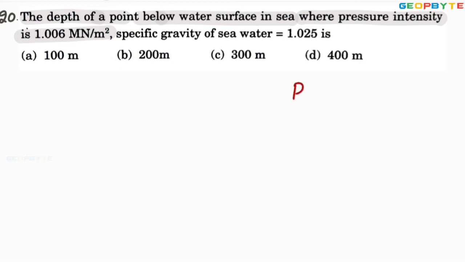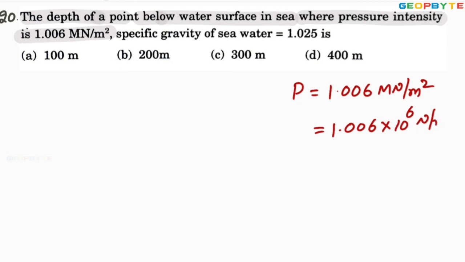Here pressure P is given as 1.006 meganewton per meter square. It is equal to 1.006 into 10 power 6 Newton per meter square, because 1 mega Newton equals 10 power 6 Newton.